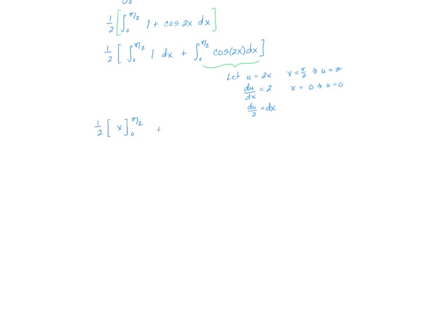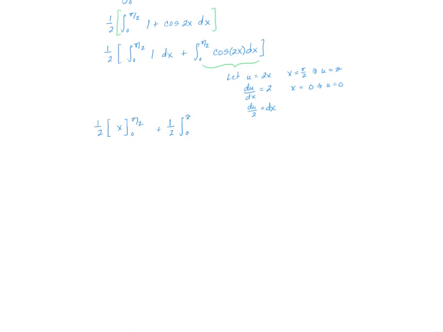This second piece, I've done a u substitution with that. Now I still have the 1/2 that I need to distribute. But now this becomes the integral, 0 to pi is the upper limit. The dx is du over 2.